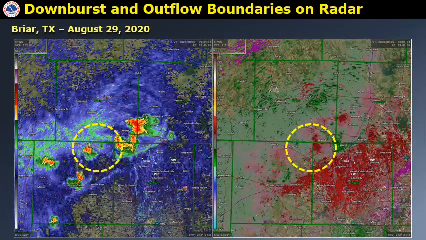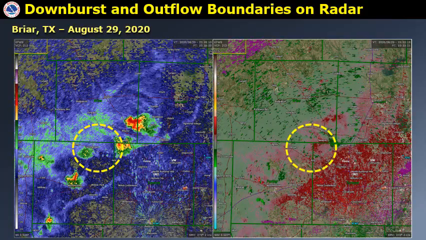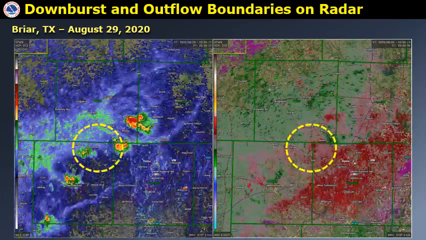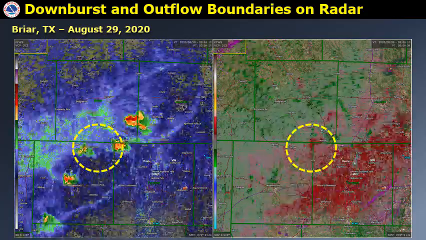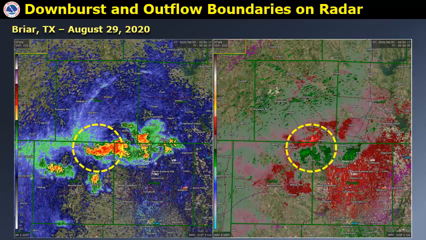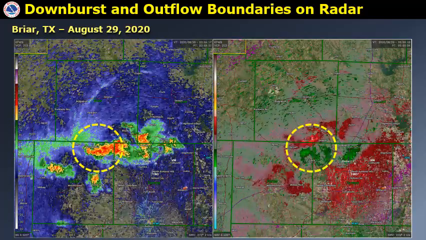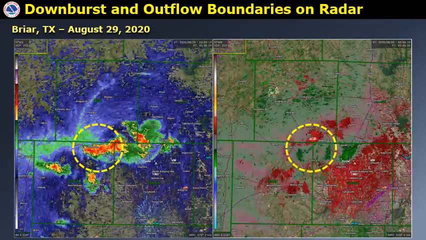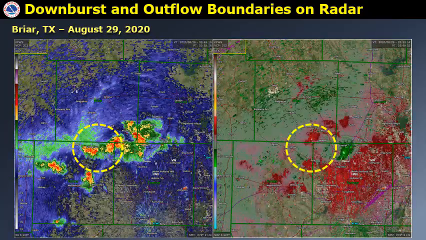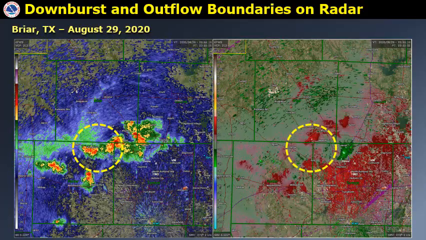On August 29th of 2020, several thunderstorms developed to the northwest of the DFW Metroplex. While the reflectivity cores are apparent, note the lines in the radar reflectivity that propagate away from the storm cores. These fine lines indicate outflow boundaries, which are a result of rain-cooled air surging out from beneath the storms.